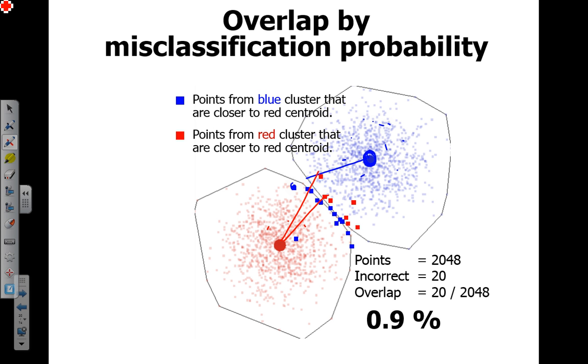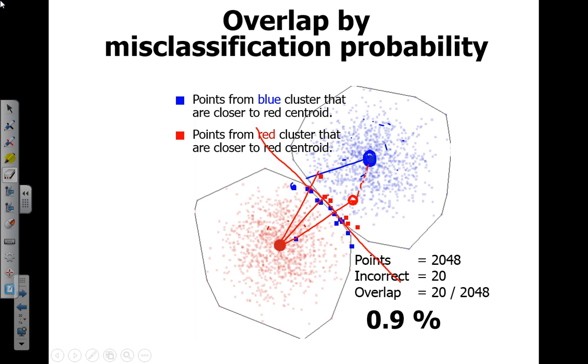Now we can calculate the so-called misclassification probability for any data point, as we know which cluster it is coming from. We also calculate the nearest centroid. In this case you can see the partition border is somewhere here, so the point is nearer to the wrong cluster.